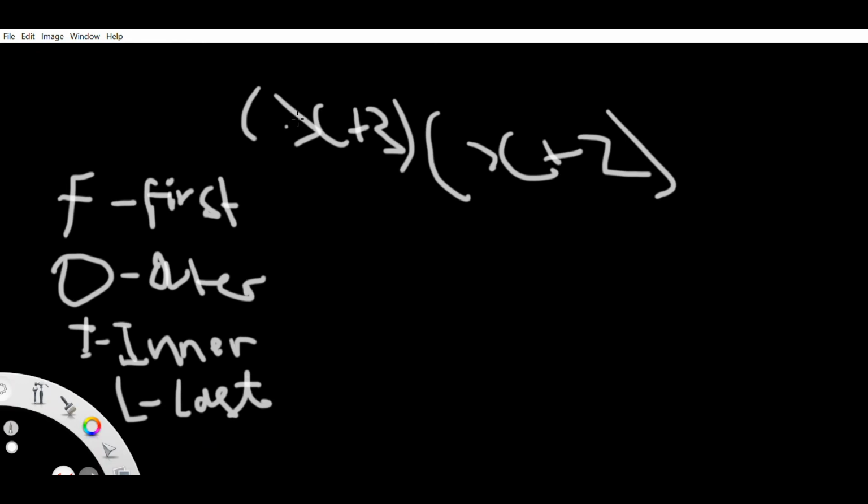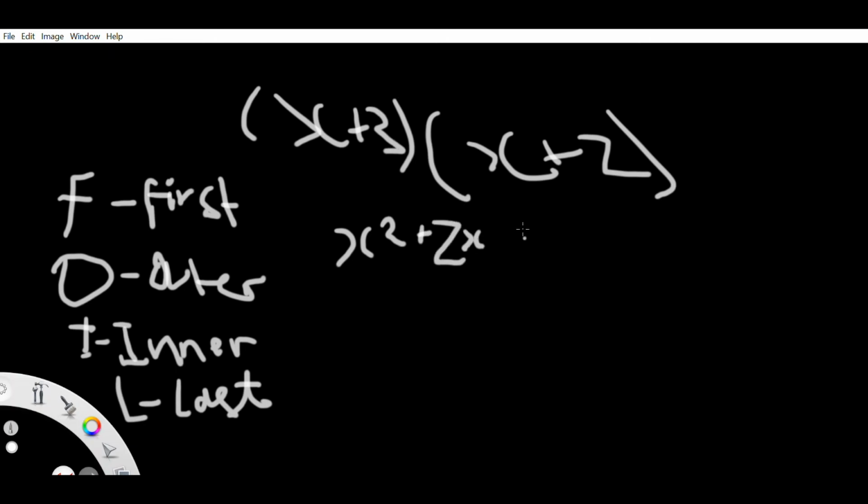So what this means is, you first multiply the first two terms with each other, x squared. Then you multiply the outer two terms with each other, the first and the last terms, so x into 2, which is 2x.